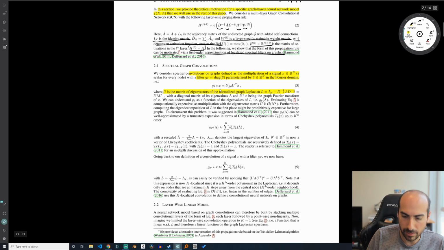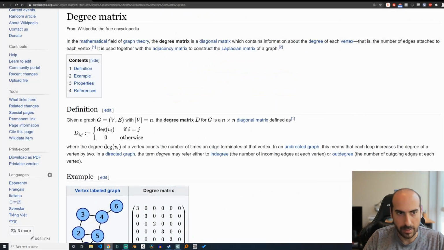Okay, that's all fine and good. They simplify it with the Chebyshev polynomial and then some complicated thing. Really it looks like they keep referring to this Hammond paper. I think this is where all this stuff is explained. So let's just take a look at Hammond et al.